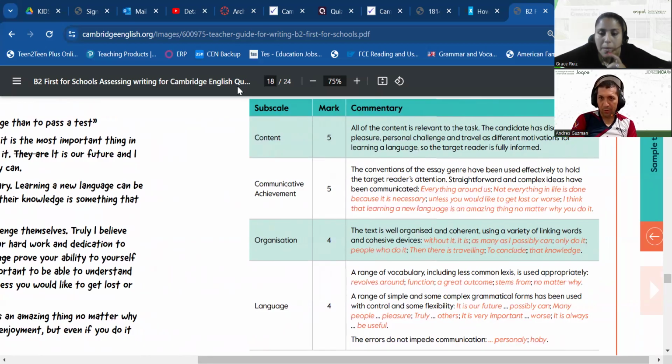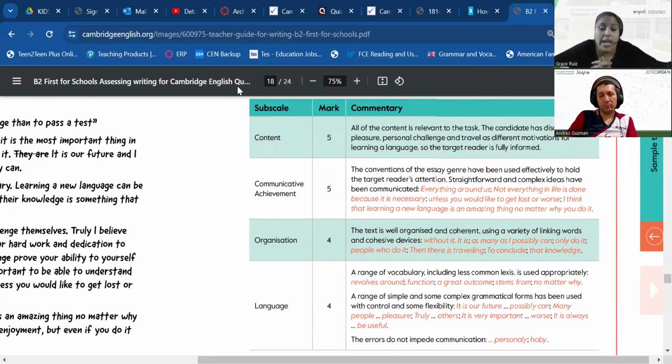So the target reader is fully informed. As long as everything that you have written is concerning the topic that they asked you, you're going to get 5 in content, no matter what.